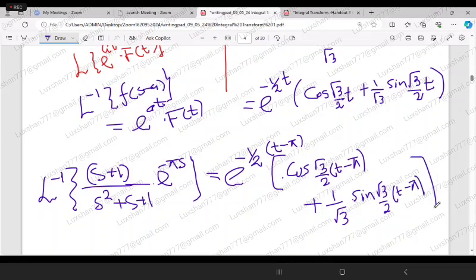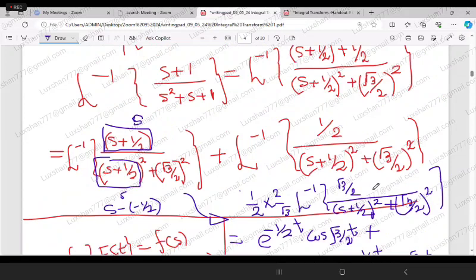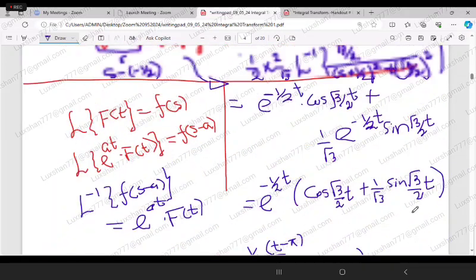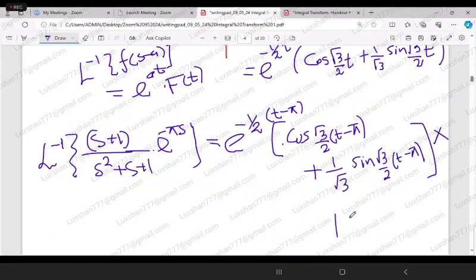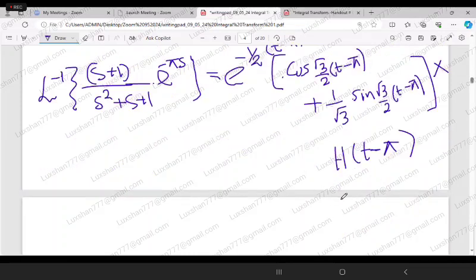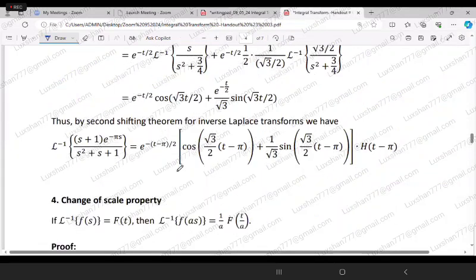Not only that, you have to multiply this with h of t minus a, where your a is actually pi. So that is the answer. So here you can see that the answer is correct.